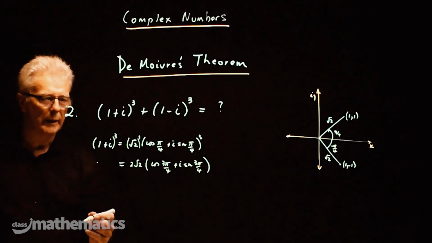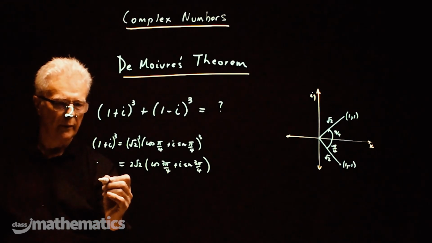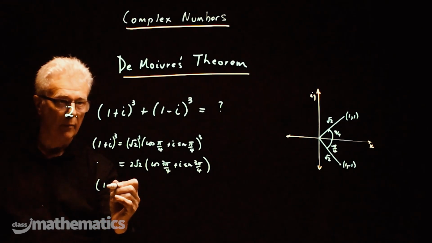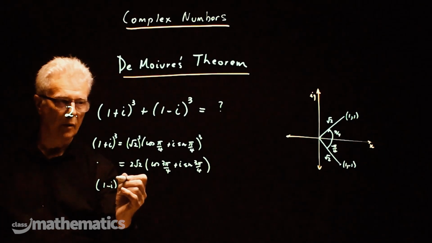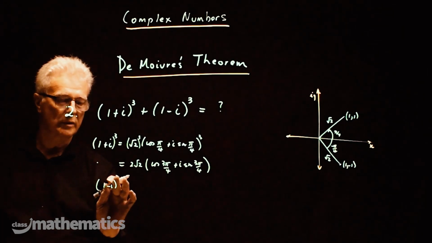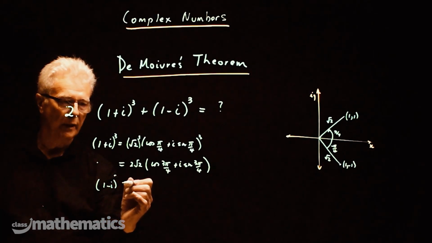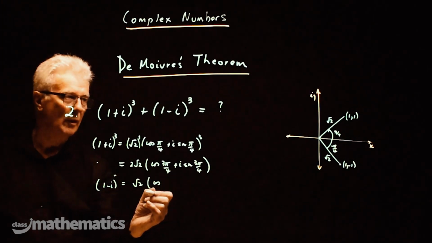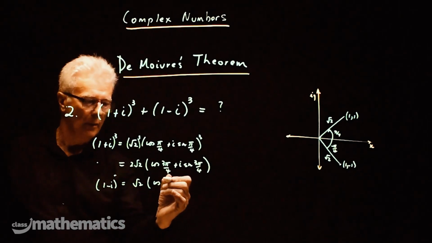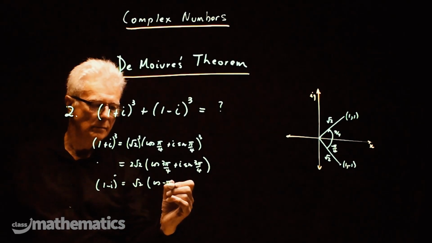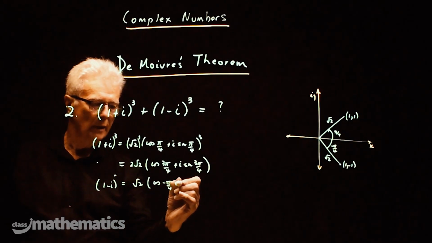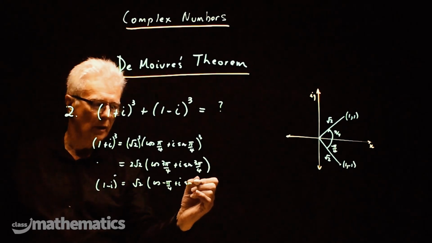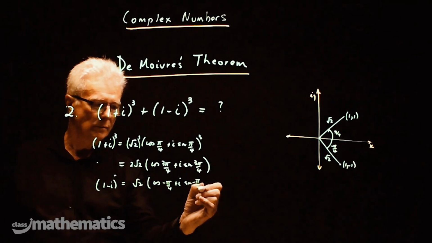In a similar manner, 1 minus i gives me root 2 times the cos of minus pi upon 4 plus i sine of minus pi upon 4.